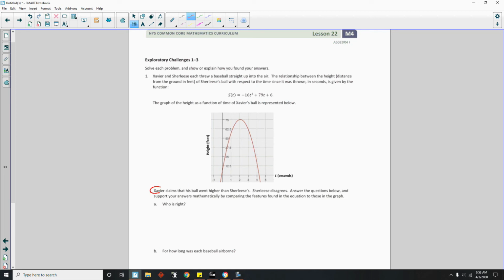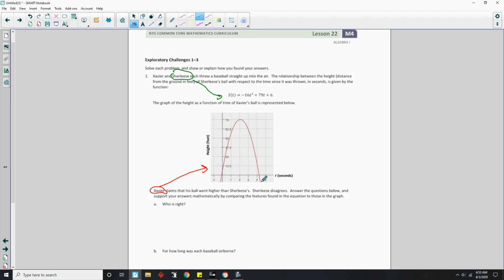So Xavier's is the graph, and Charlize is the function. So we're comparing this function to this graph. Okay, so it says Xavier claims that his ball went higher than Charlize's.